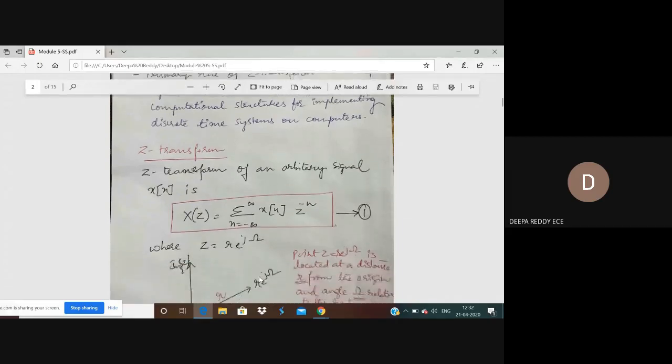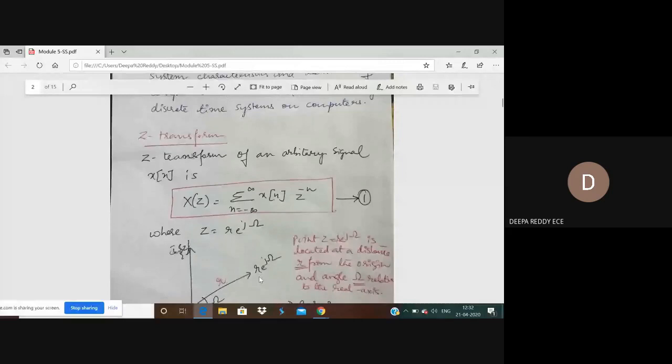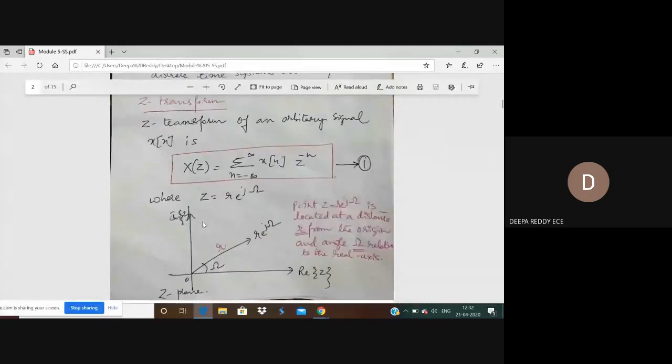Now how can we write this in terms of a graph? If I plot real of z with imaginary of z, because it's a complex exponential, r is the distance from the origin.